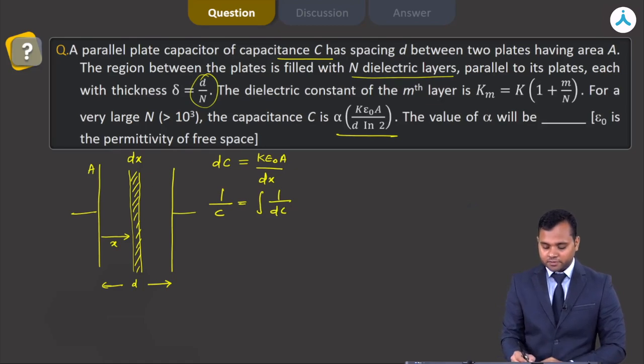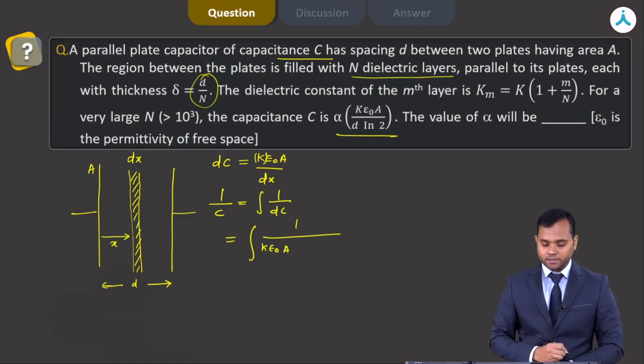If we solve this further, this will be equal to integration of 1 by K epsilon naught A into 1 plus M by N, by distance dx.